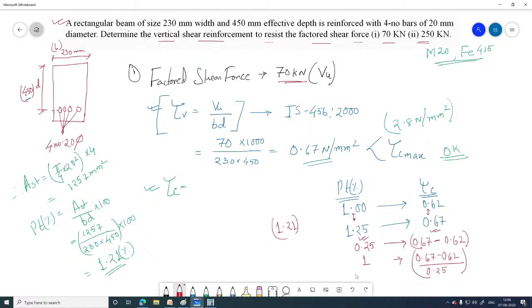And for the difference of 1.21 minus 1.0, what will be the difference for this particular case? Very simple, we just need to multiply with 1.21 minus 1.0. Okay, so when you solve this equation, you will get the value of 0.042. You just cross check.